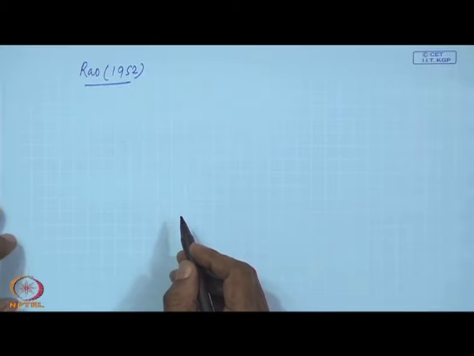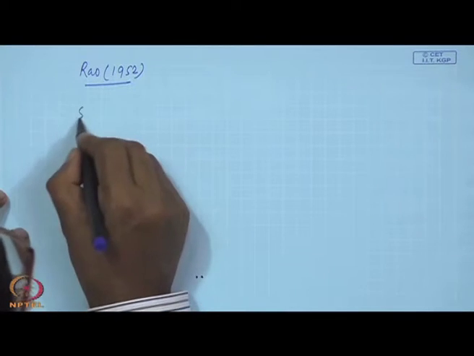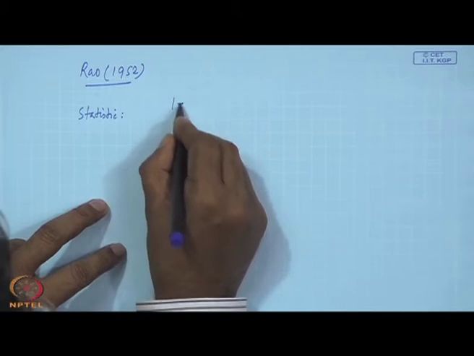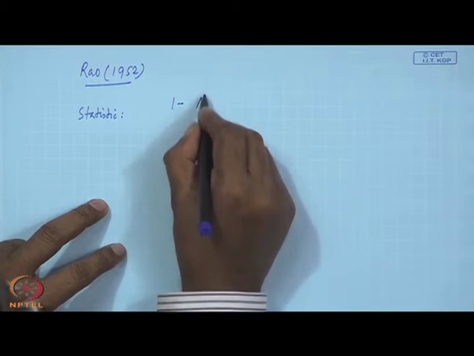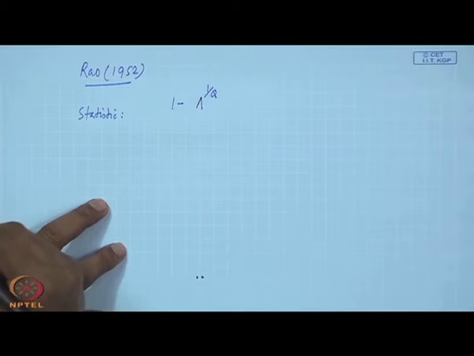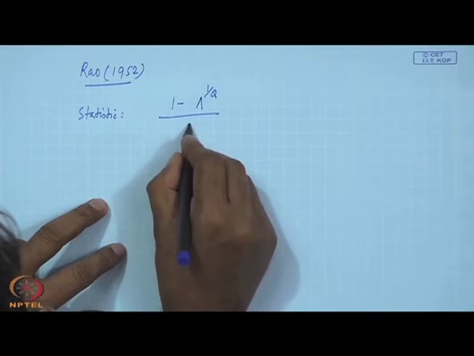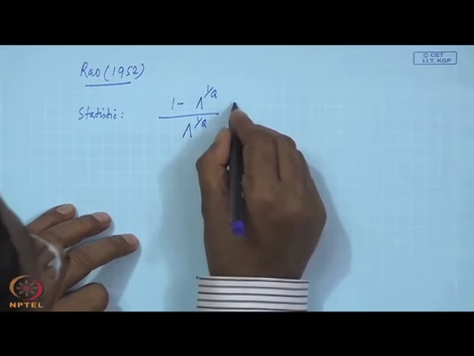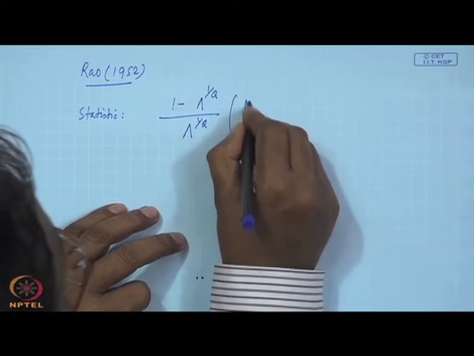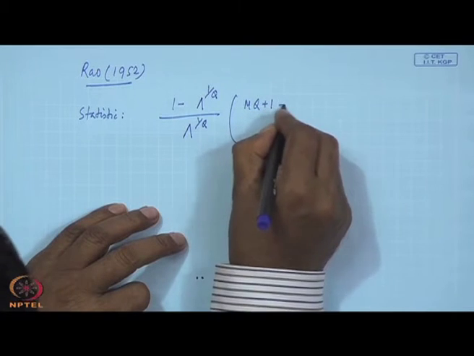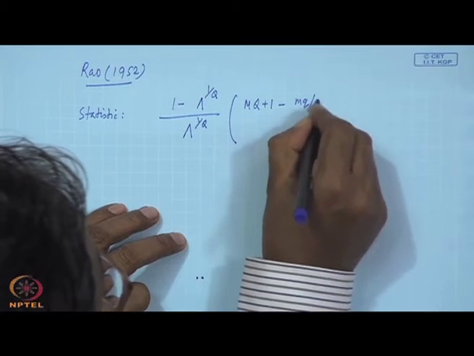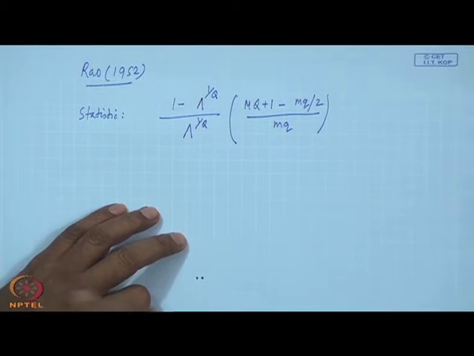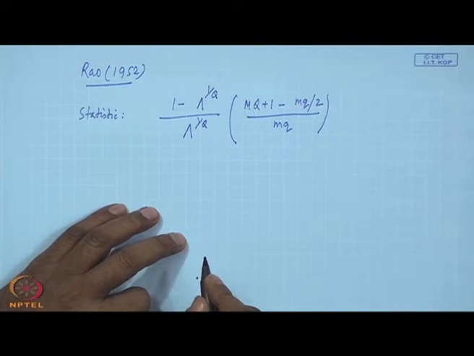His statistic is (1 minus lambda to the power 1 by q) divided by (lambda to the power 1 by q), multiplied by (mq plus 1 minus mq by 2) divided by mq. This is the statistic. Okay.